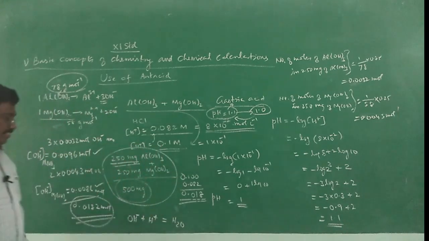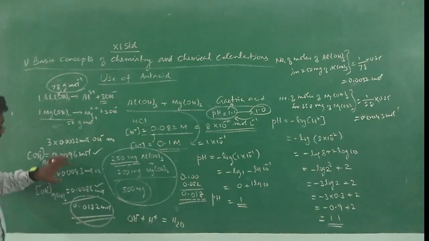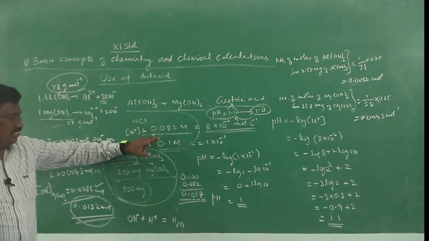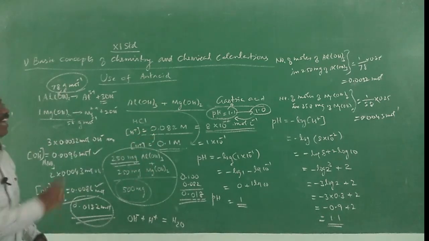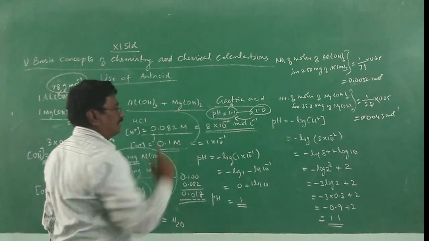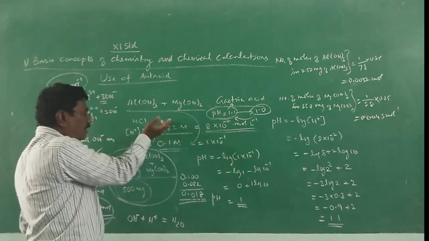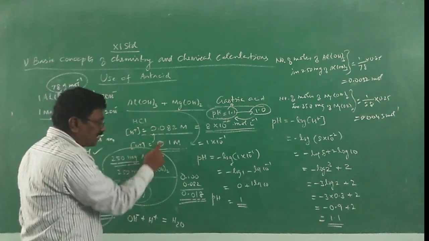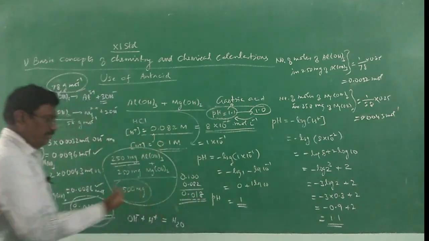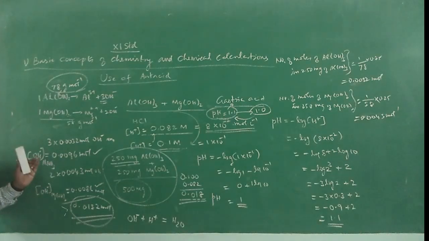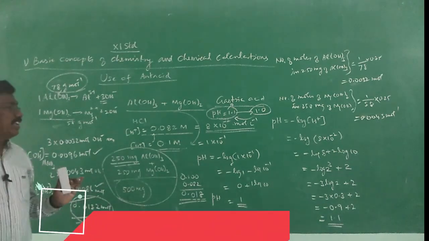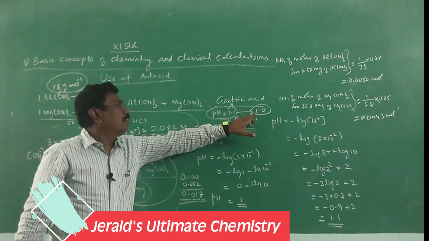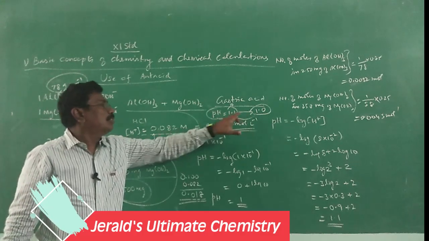It will become water. When these many moles of hydroxide ions are available, they neutralize the excess hydrogen ions, and the pH will again become 1.1. The hydrogen concentration is converted from 0.1 to 0.082. How? The excess hydrogen ions are neutralized by hydroxide ions. Now the excess is reduced, and the pH is increased to 1.1.